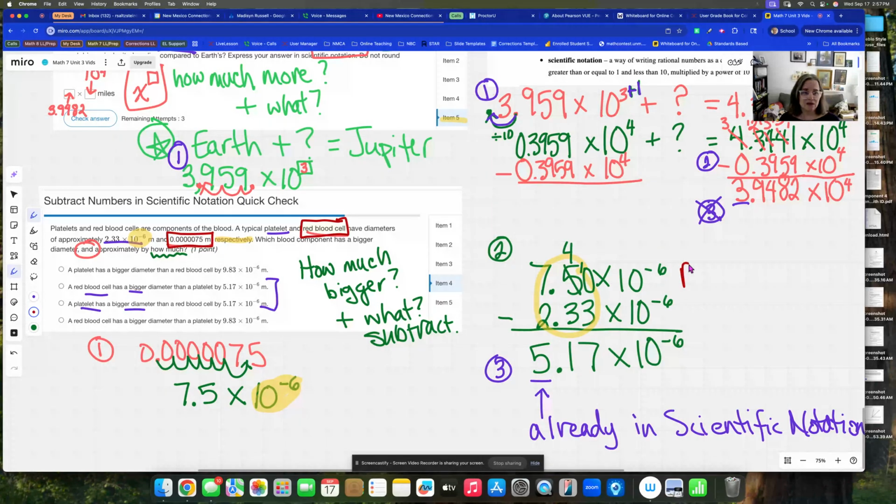That means this one is the red blood cell, and it is bigger. Since they have a match in their exponent, you can just look at the coefficient. 7.5 is bigger than 2.33. So the red blood cell has the bigger diameter. This is the one we want right here.